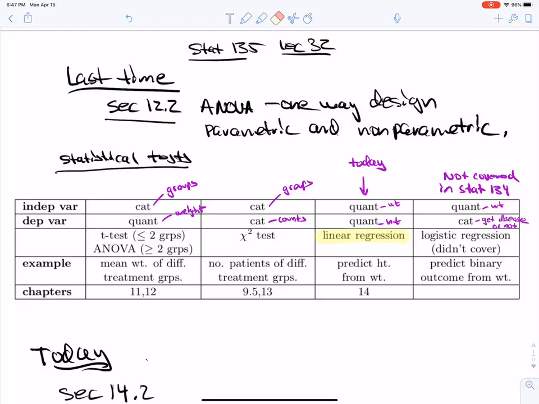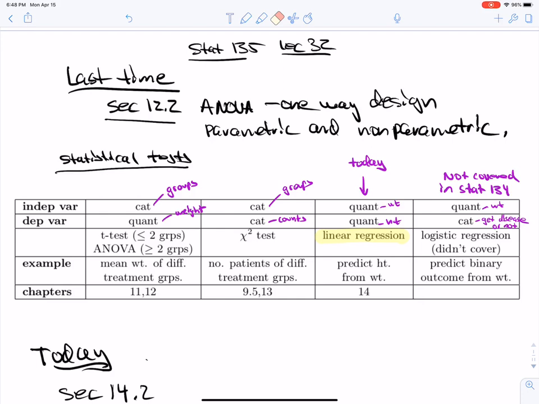Statistical tests, we can look at what we've covered so far and what we still need to do in this table. You can break up statistical tests by the type of independent and dependent variable that is involved.